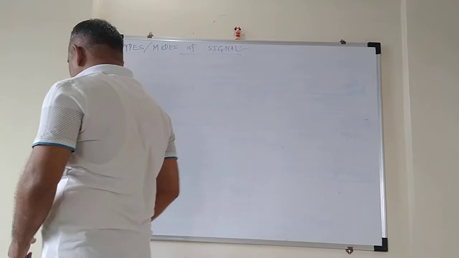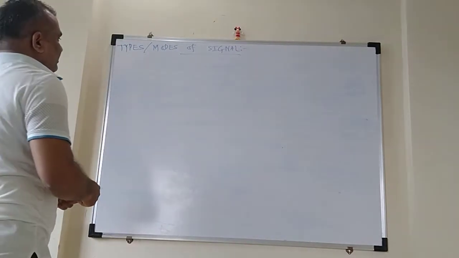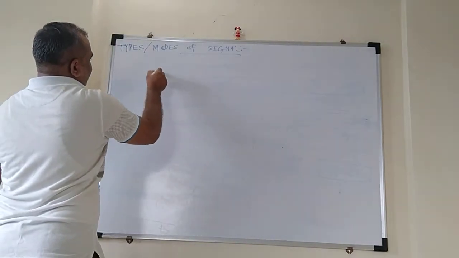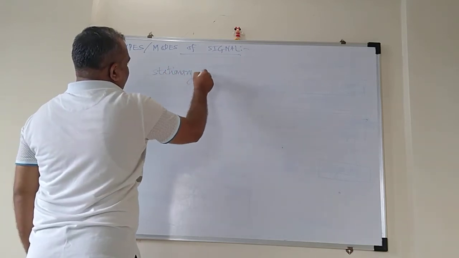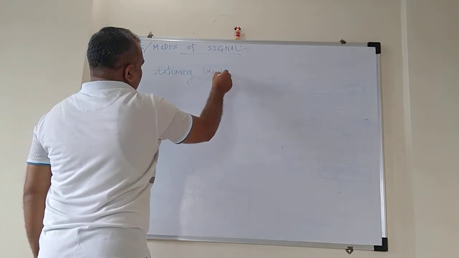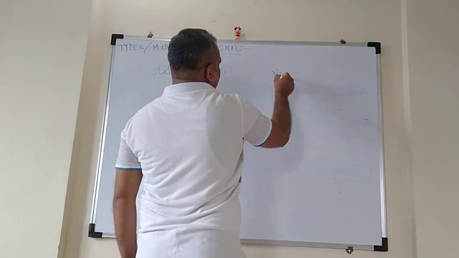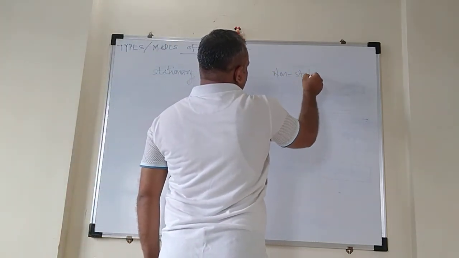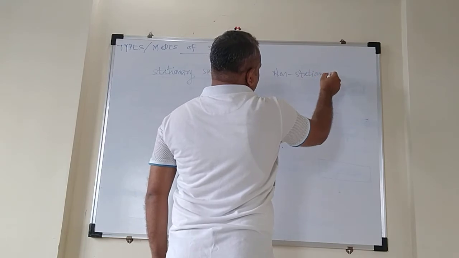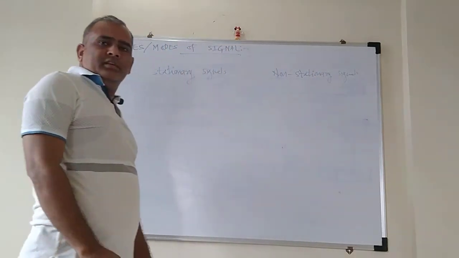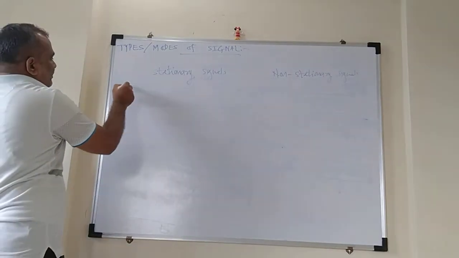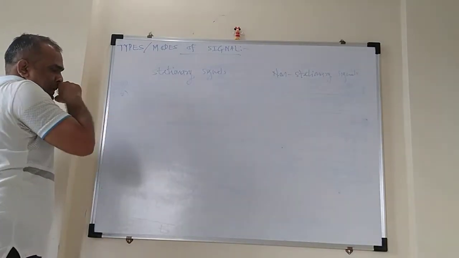And there are two more subtypes of stationary and non-stationary signals. Stationary signals are of two types.